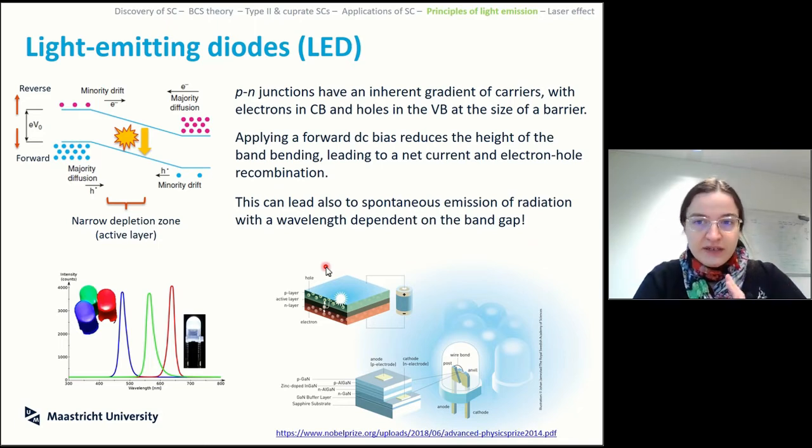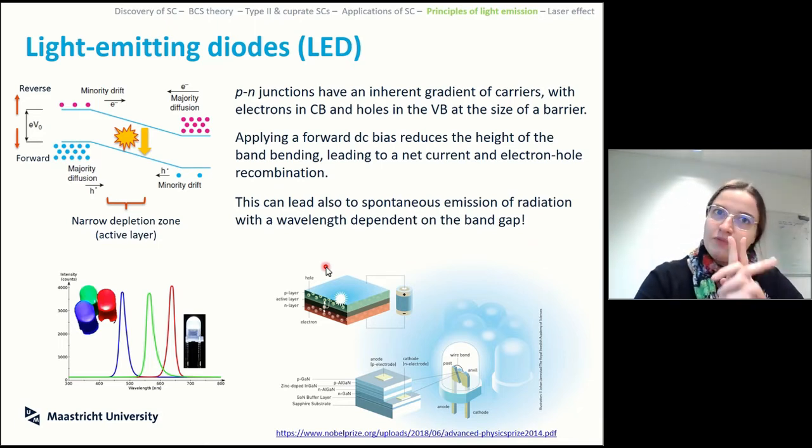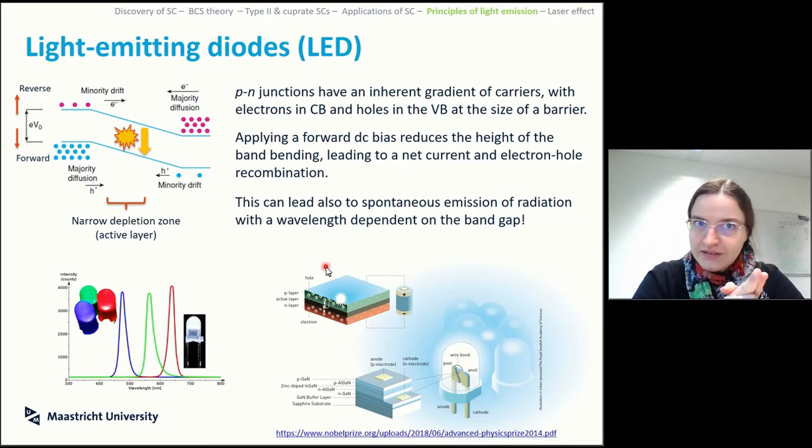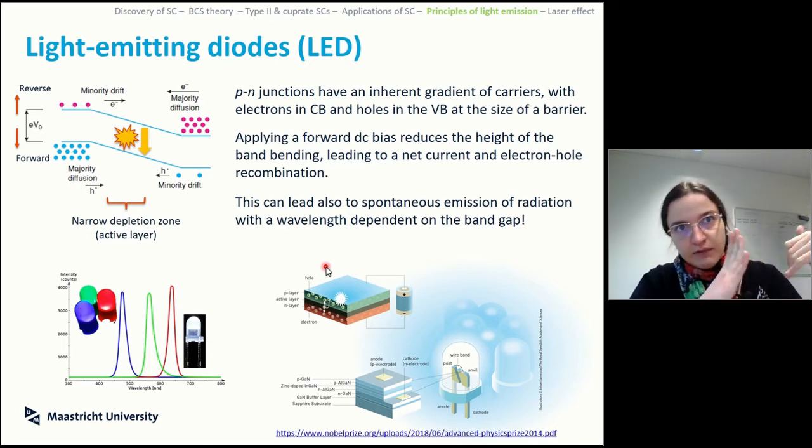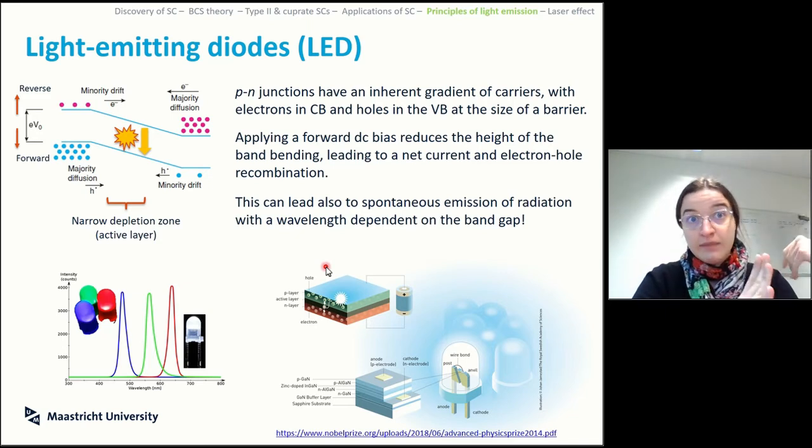The gallium arsenide in itself, given the bridge that we saw before, is in the infrared, so it's not useful for something visible. But if you dope it with something like phosphorus, it will start to shift the emission closer to the visible range, close enough that it will start to emit red light.